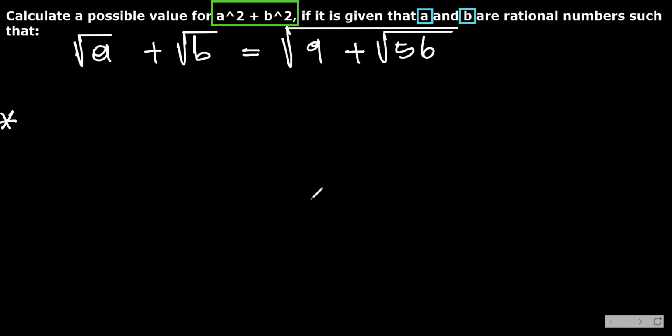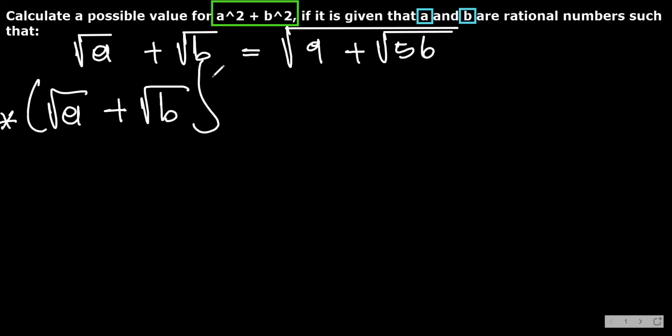We want a and b. All right, so let's square on both sides. We take the square root of a, add it to the square root of b, and square this. Then we also square what is on the right-hand side.